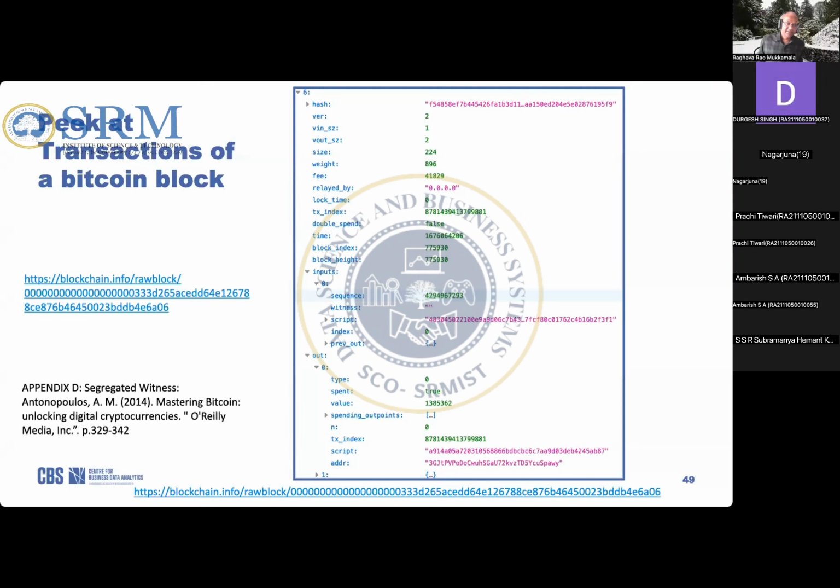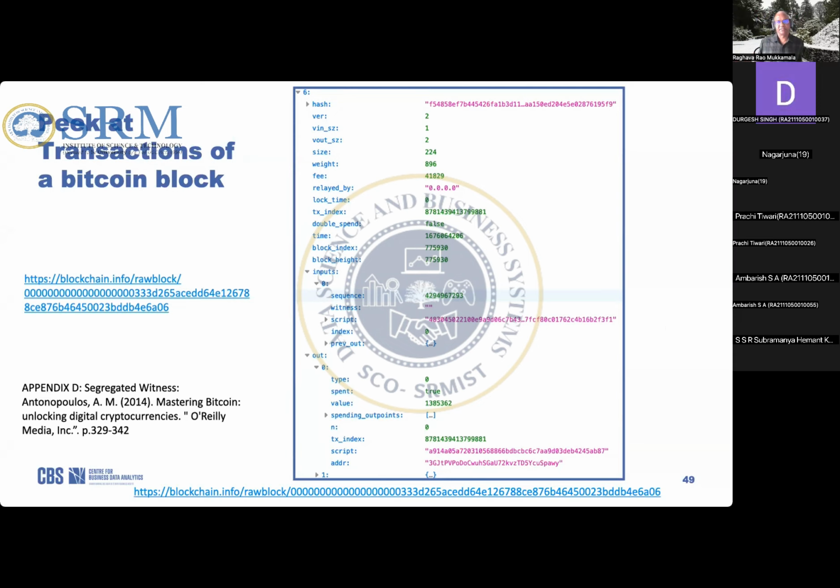So I was saying that witness and things like that, right? Witness is nothing but some kind of signature, but it could be a collection of signatures, right? When you have multi-party signatures, and we will also look into the aspects of executing the hash of a script, script execution and those kinds of things.